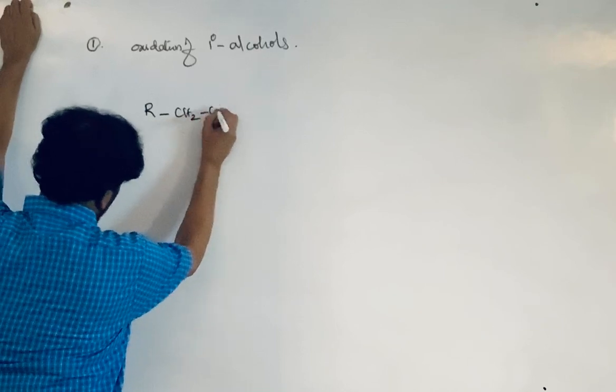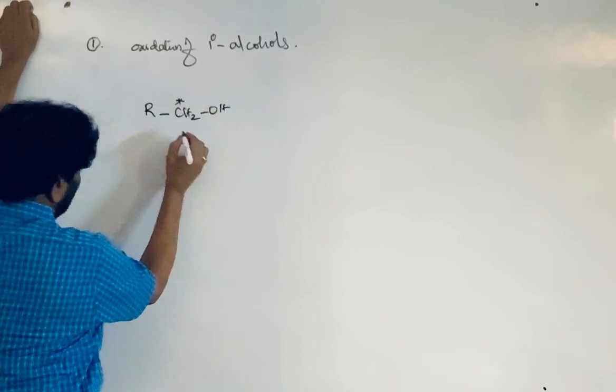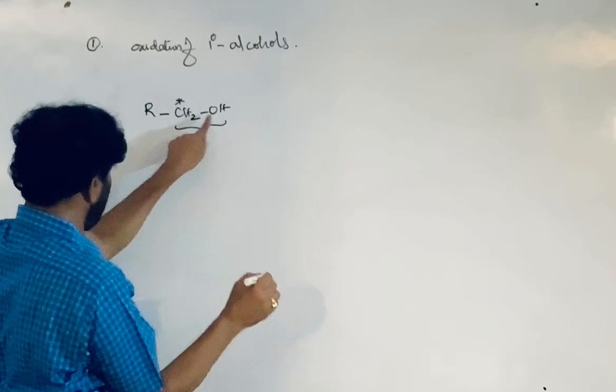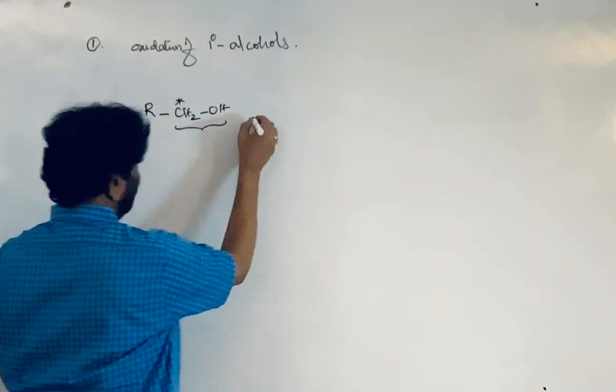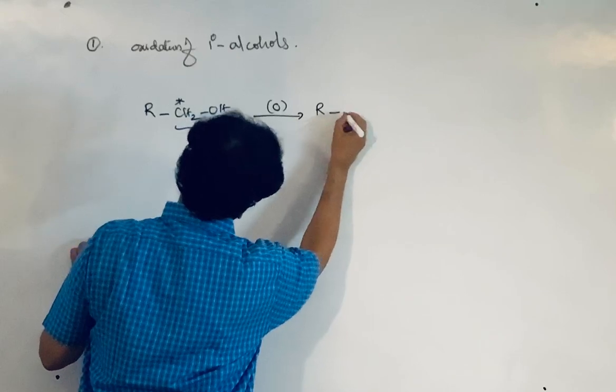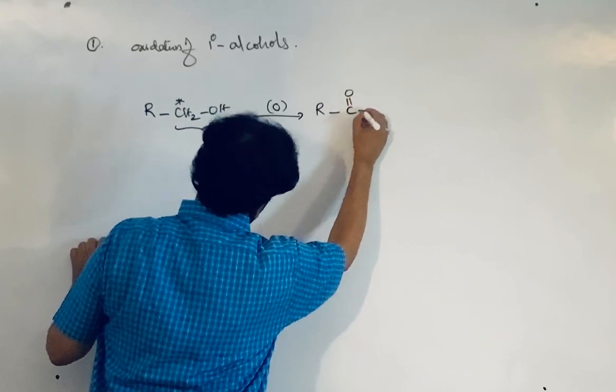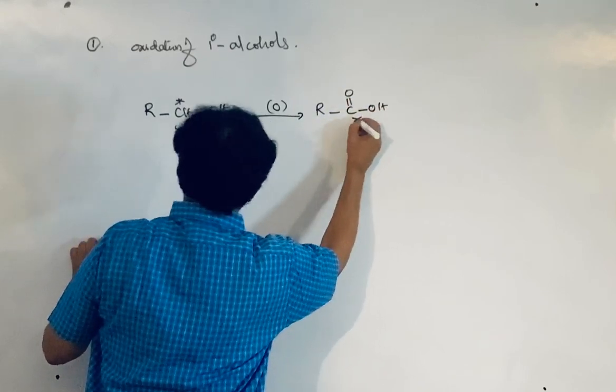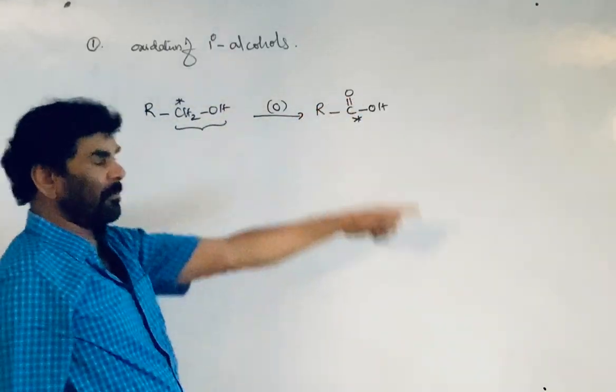See, you know that RCH2OH is a primary alcohol. CH2OH is the primary alcohol part: the primary carbon to which OH is attached. On oxidation, there are several oxidizing agents that convert this carbon into the carboxylic acid group.